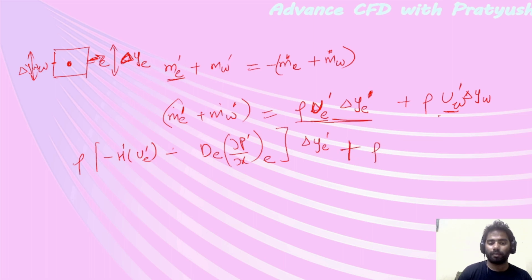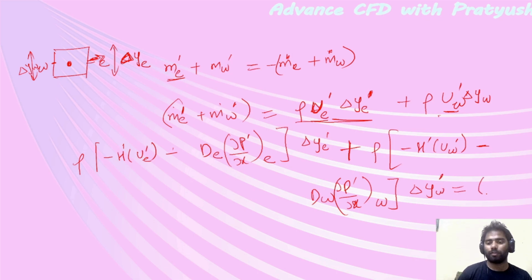Similarly, here we can write minus H dash PW dash, minus DW del P dash upon del X on the west face into del Yw.